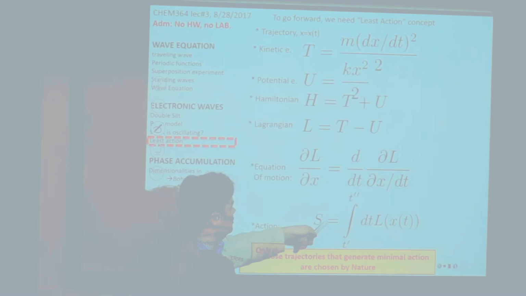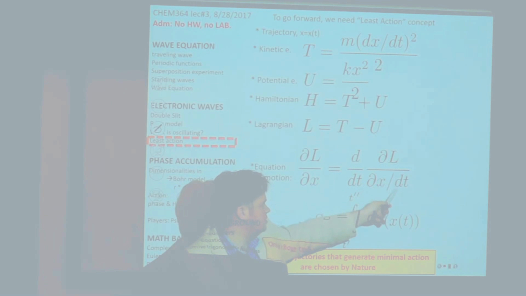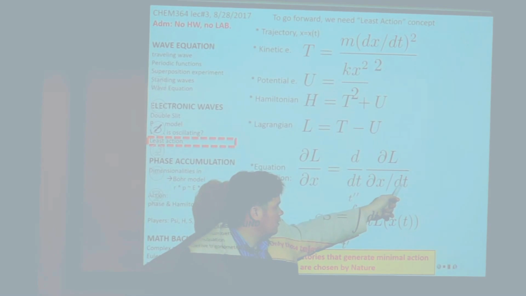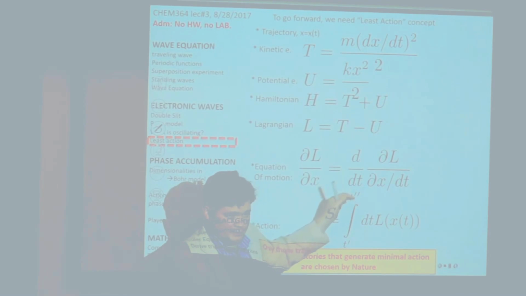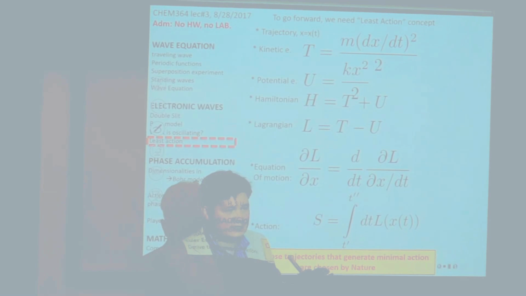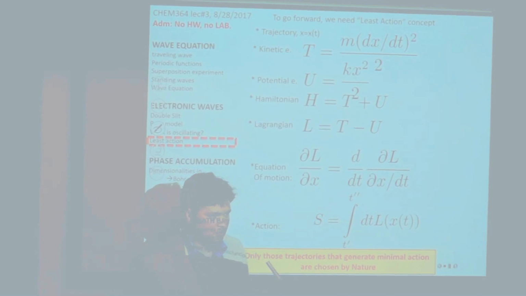And here, from this least action principle, one can make an equation of motion that will be a replacement of the Newtonian equation of motion, of Newton's second law. So derivative over position equals derivative over velocity, and then another derivative over time. It will give the same answer for any system, and it is more general because it can be applied to something more complicated.